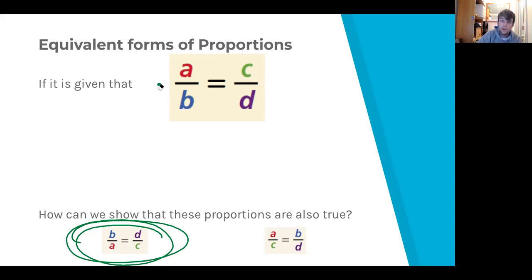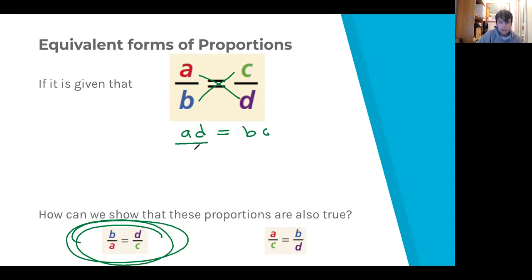Let's assume we already believe in the cross products property. I just showed that on the last page. I was going to lead up to there, but let's skip a step here. We know that cross products are fine.